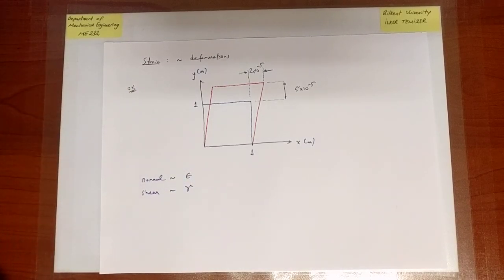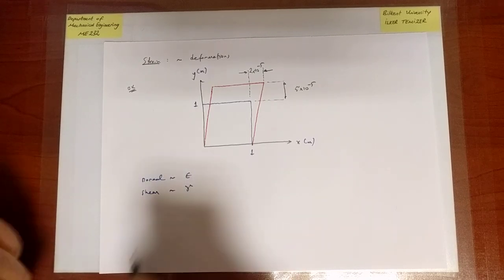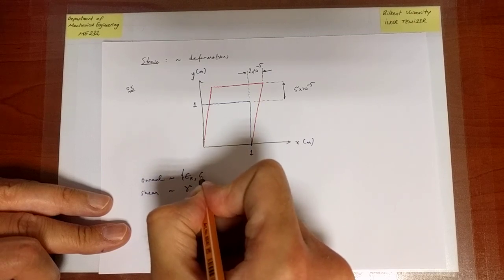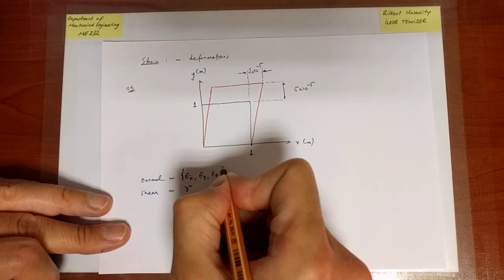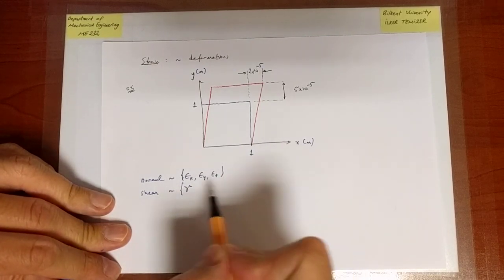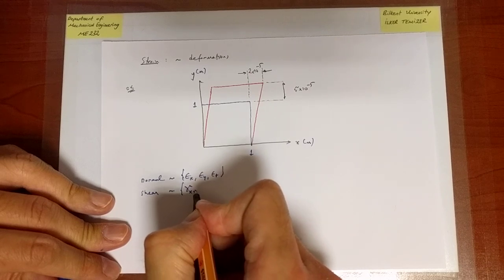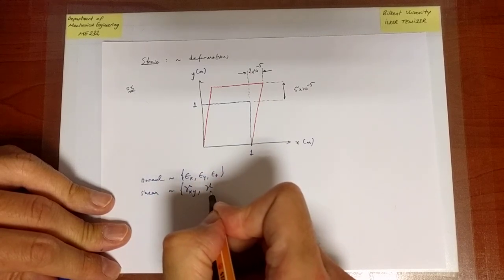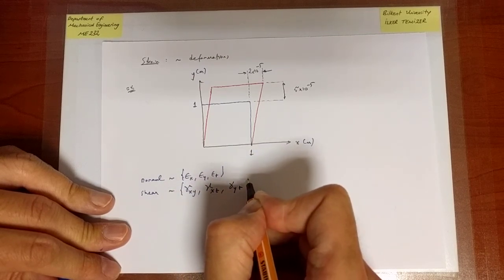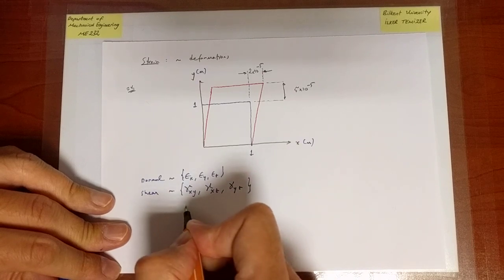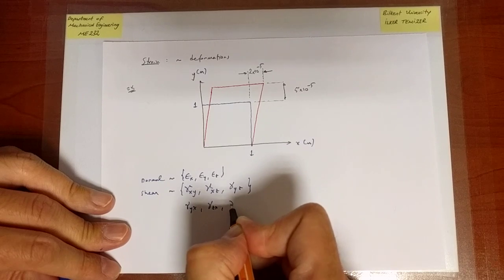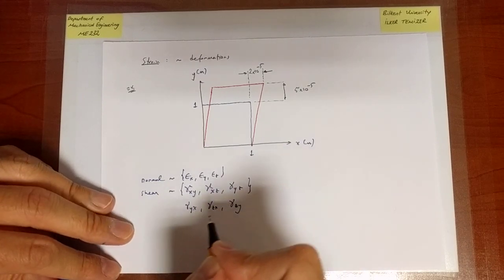Okay, and therefore we will have a total of 3 normal strains: epsilon x, epsilon y, epsilon z, and eventually we will have 6 shear strain components: gamma xy, gamma xz, gamma yz, as well as gamma yx, gamma zx, and gamma zy.